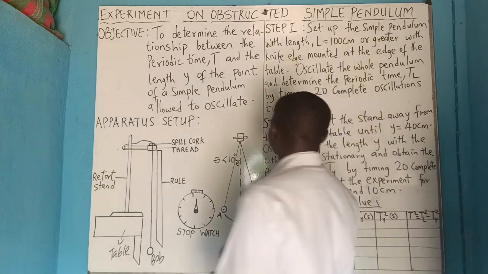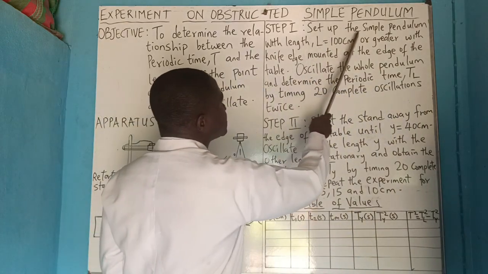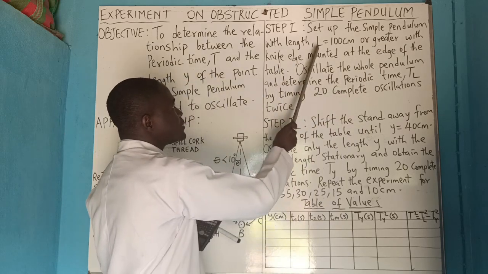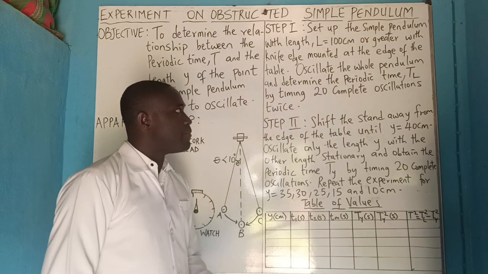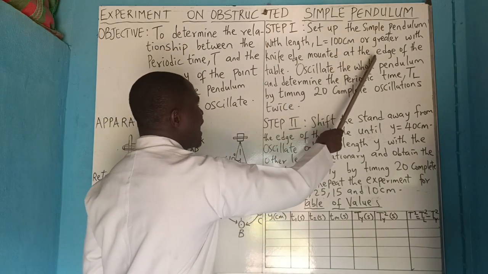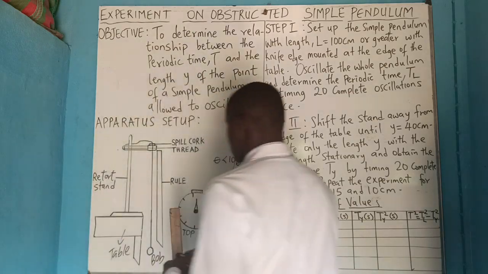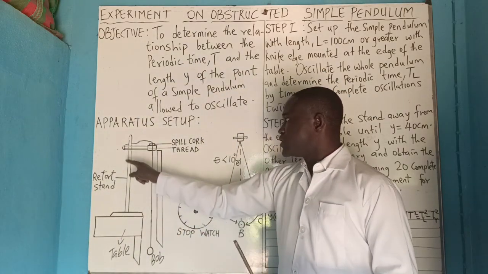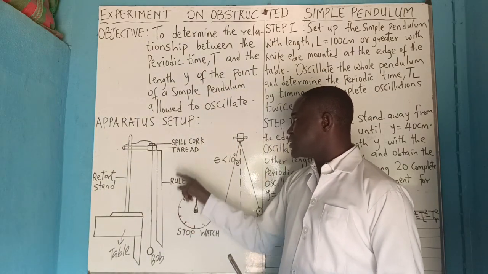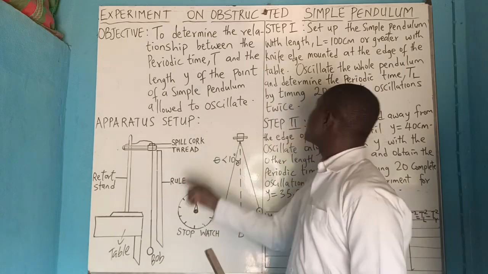Okay. Step 1. Set up the simple pendulum with length L equal to 100 cm or greater, with knife edge mounted at the edge of the table. You set it up with the length L equals 100 centimeter.